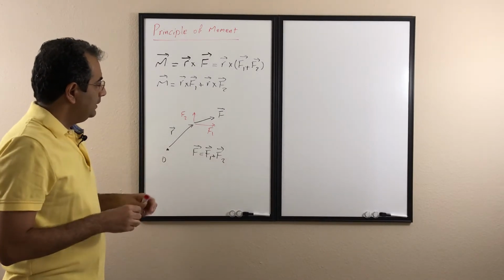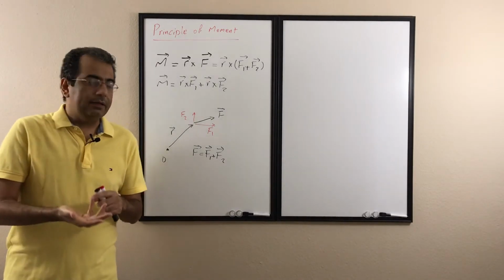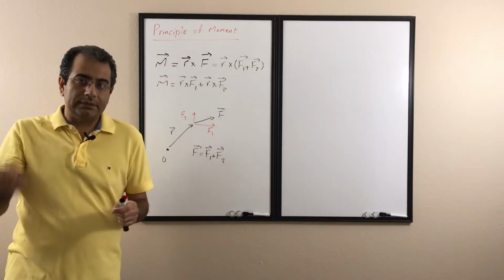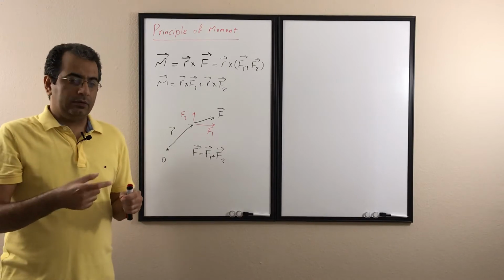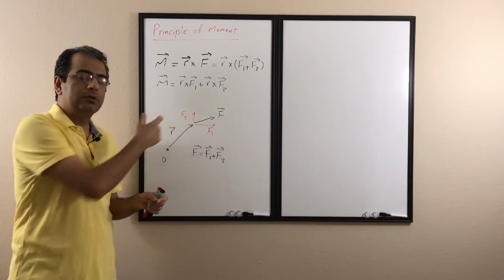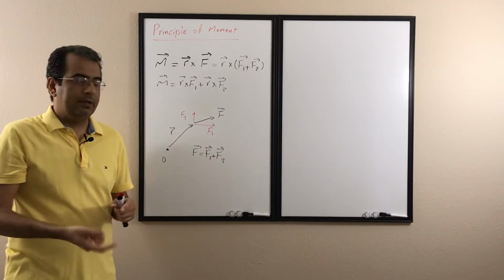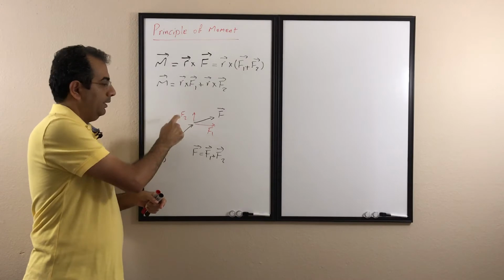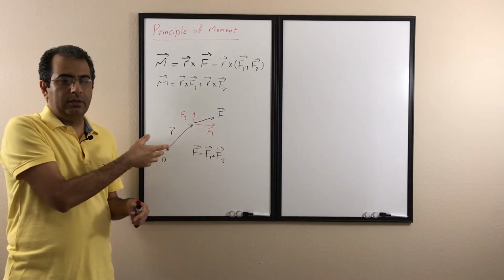In simple words, what it says is that we can either calculate the moment by using the force itself, or we can resolve the force into its components, find the moment for each component, and then add them together.